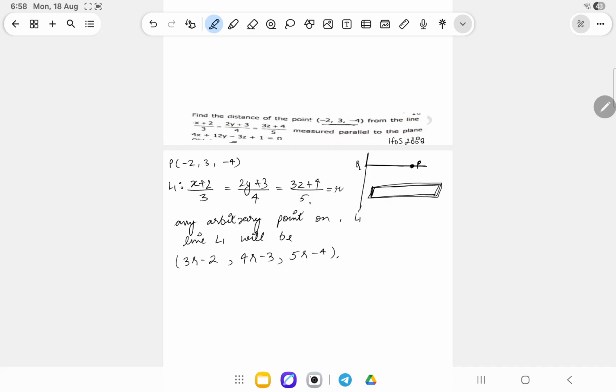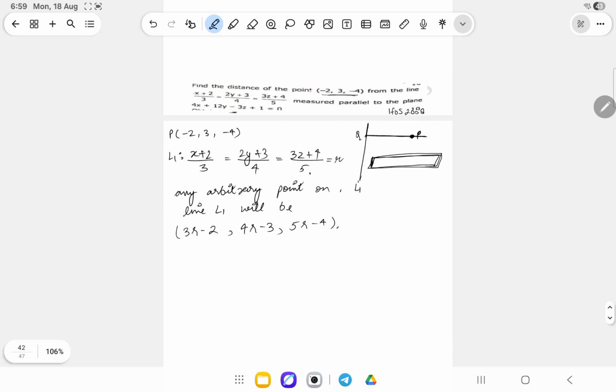Then point Q will be of this form. So we got an arbitrary representation of point Q, and in the question they have given us point P, so we can calculate direction cosines of PQ.